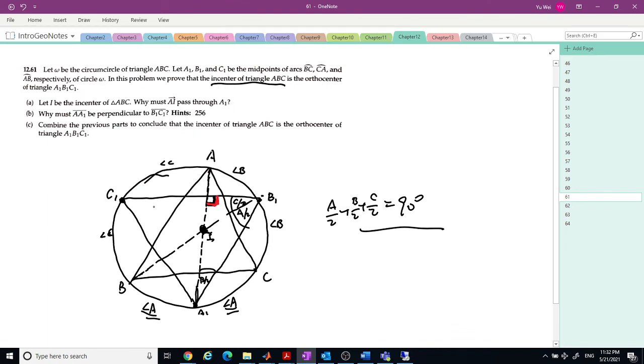Similarly, we can also prove this is 90 degrees. The two 90 degrees mean I is also the orthocenter of A1, B1, C1. That's it.